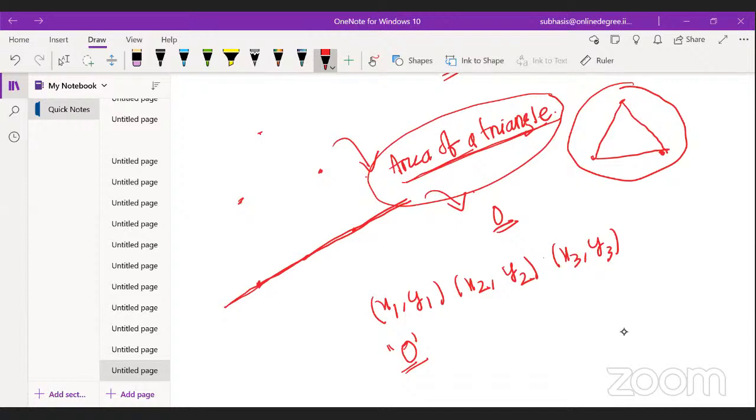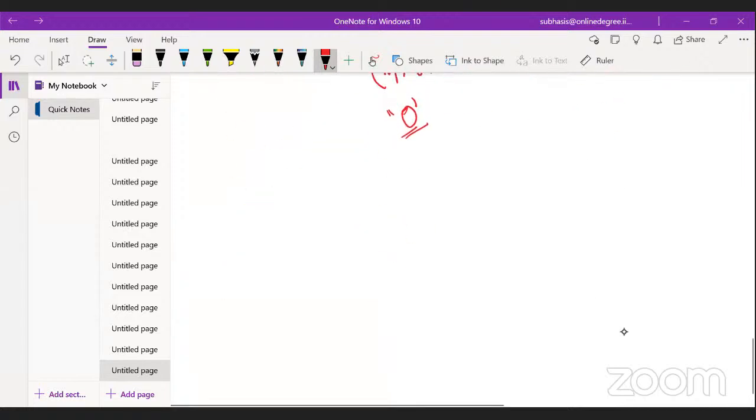So you have some doubt in activity 2.4, question number 2, right? Yes, sir. They're saying that the midpoints of the given points form the triangle.